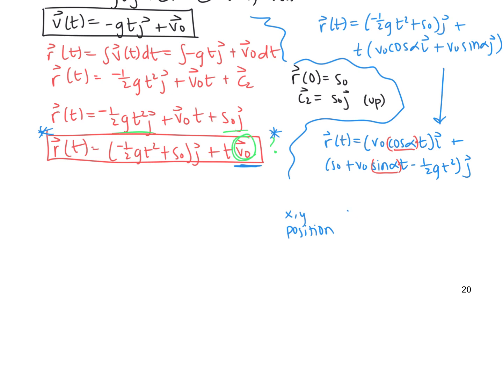So at time t, the x position of the particle will be v naught cosine of alpha times t. The position of the particle vertically, in terms of y, will be s naught, add v naught sine of alpha times t, subtract 1/2 g t squared. Also, we can show the velocity in each direction.